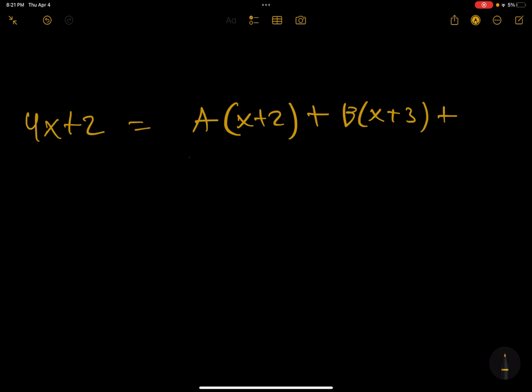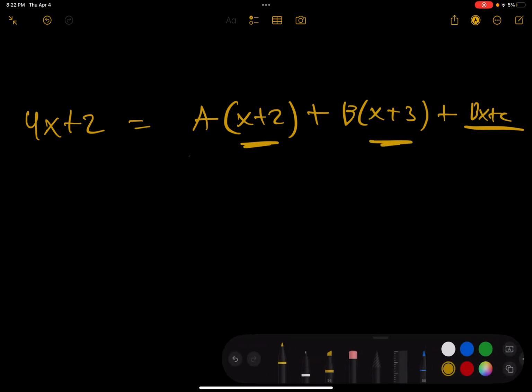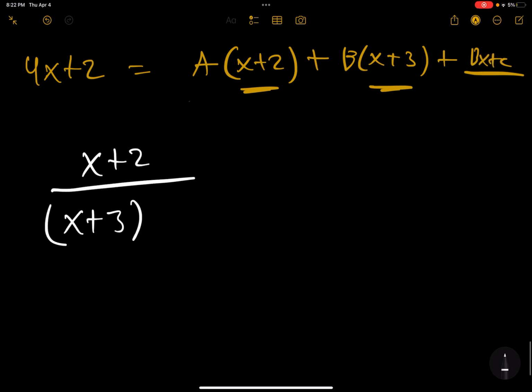Once you understand that rule and you equal everything, you have a times x plus 2 plus bx plus 3 plus bx plus c, because remember we're going to have a squared or something, times something. You just do a bunch of substitution like we've done before to cancel out here, to cancel out here. That's the general rule.